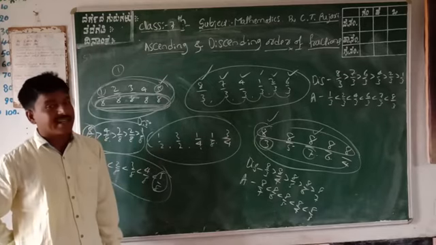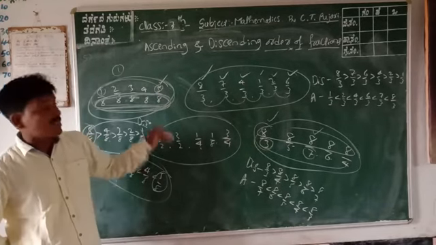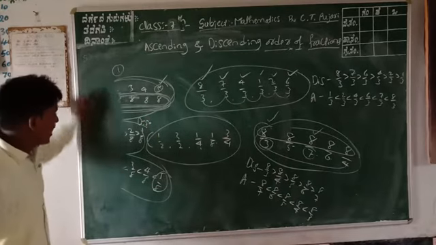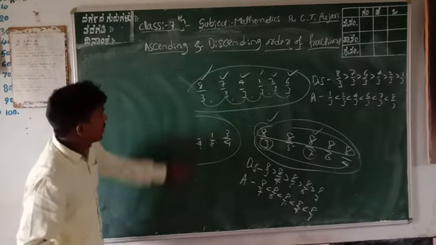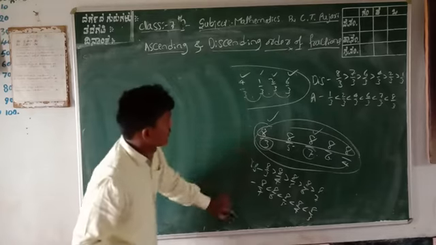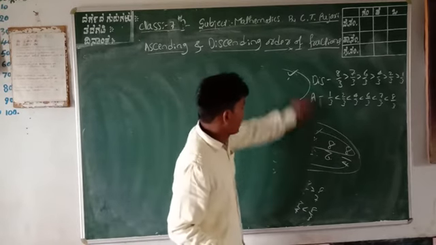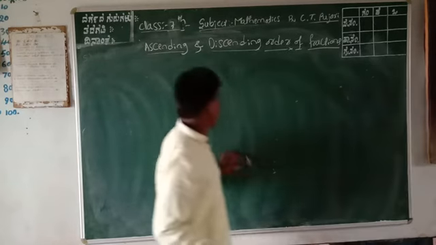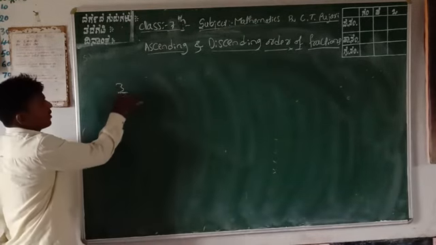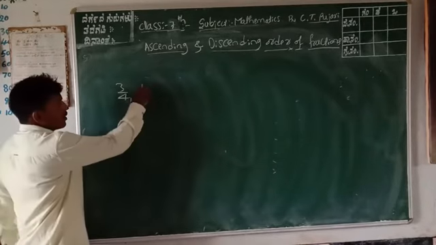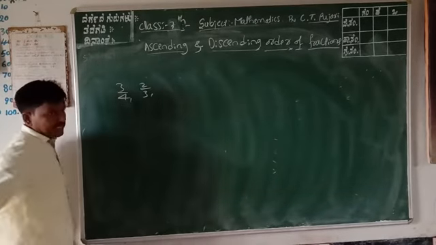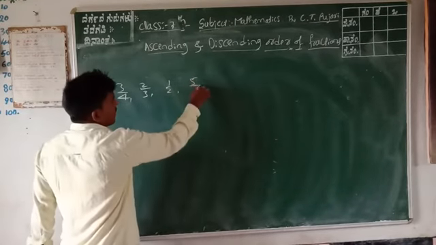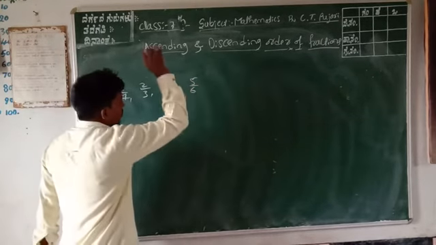How can you do the ascending order and descending order? Otherwise, which one is smaller, which one is bigger? For example, consider 3 by 4 is one fraction, 2 by 3 is one fraction, 1 by 2 is one fraction, 5 by 6 is also one fraction.